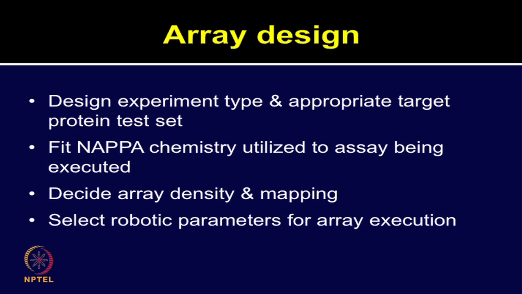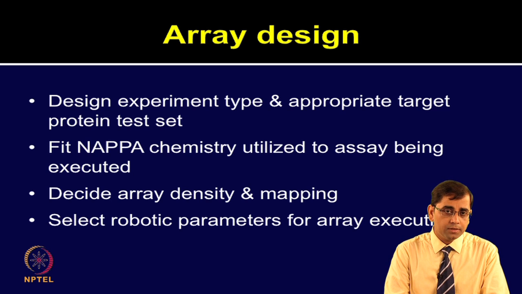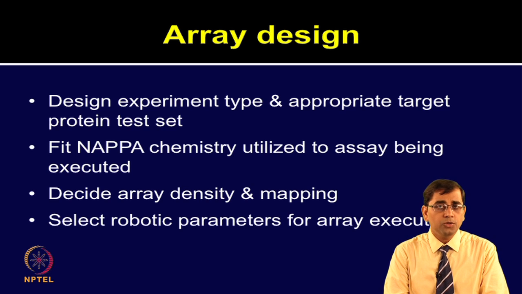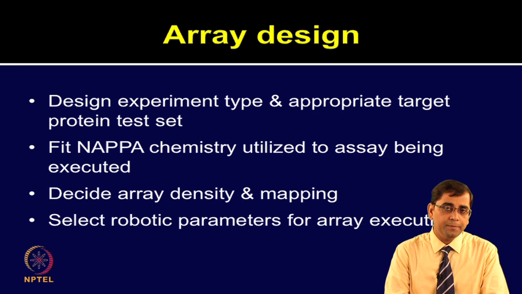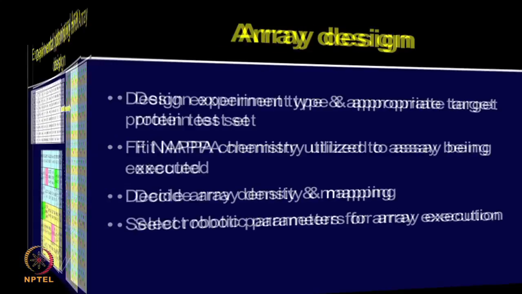Once your test set works, one can expand it to a large number of features. Now, fit the NAPPA chemistry to the assay being executed. Decide what type of array density you are planning to use and how you are going to map that. Then define the robotic parameters for these experiments. All these steps have to be well planned in advance.